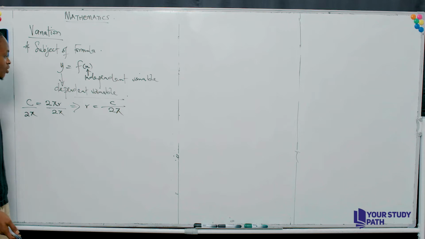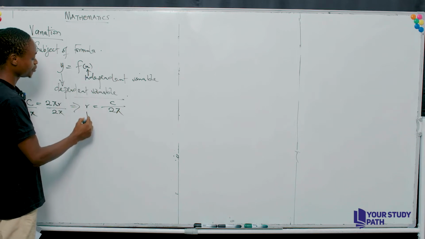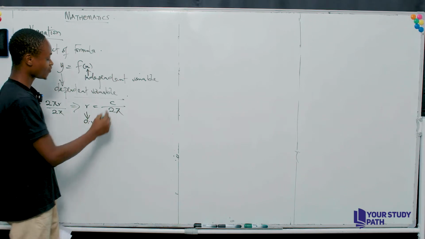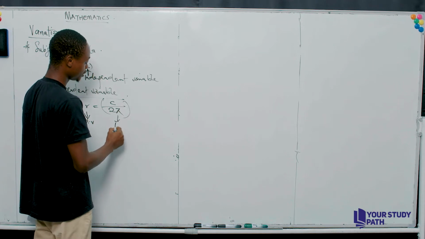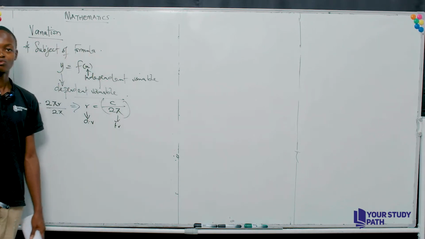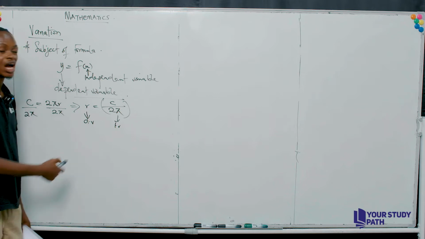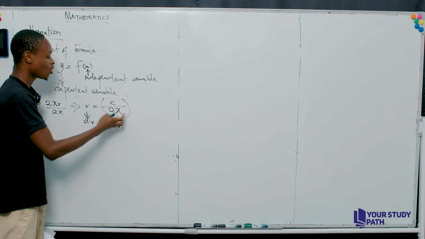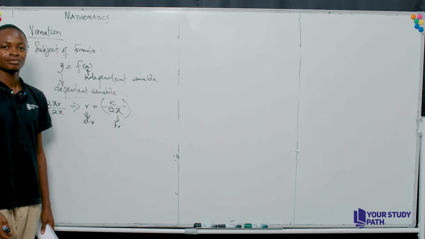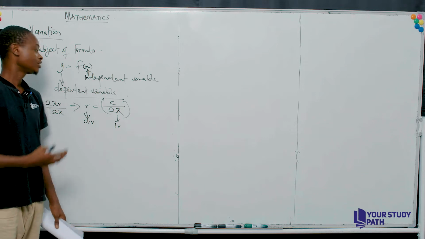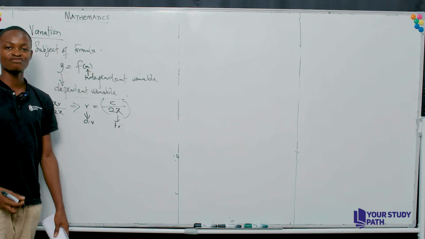In this case, what have we gotten? We have gotten r as the dependent variable, and then we have gotten all of this as the independent variable, which means that the value of r will depend hugely on whatever all these values are. This concept is what guides the concept of variation.